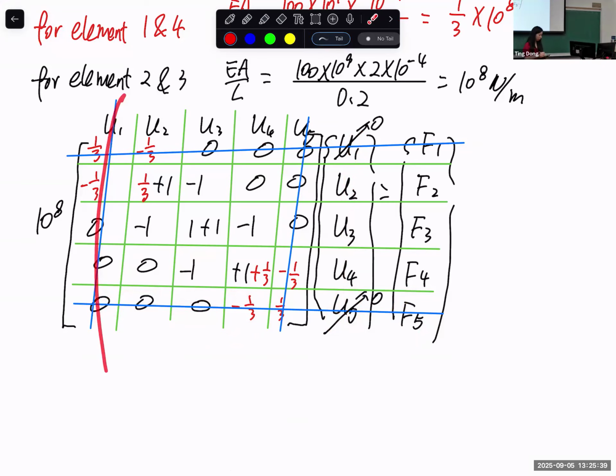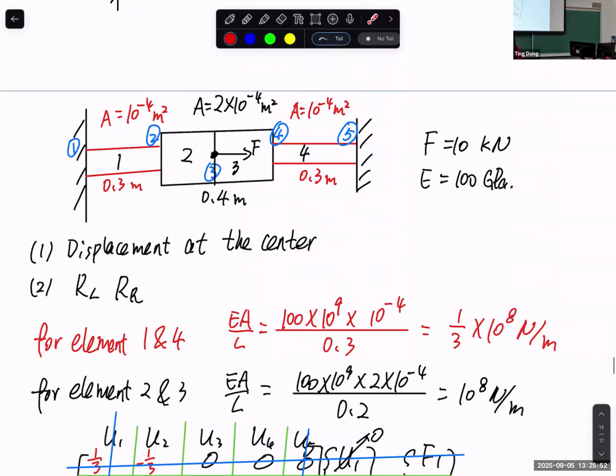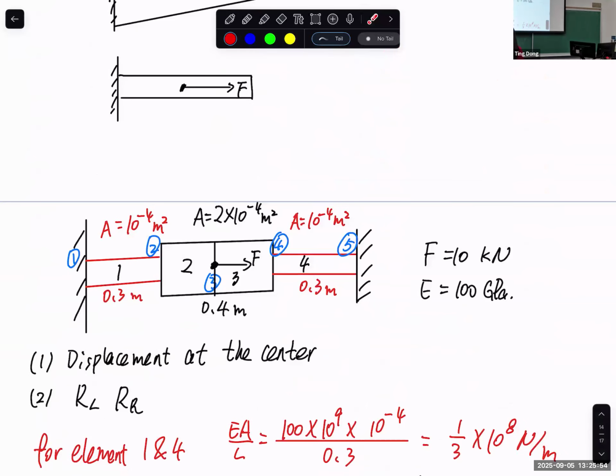And the way we delete these 2 is because everything in the first column will multiply by U1, and U1 is 0, so it doesn't matter. The reaction force in FEA is unknown. That's important.